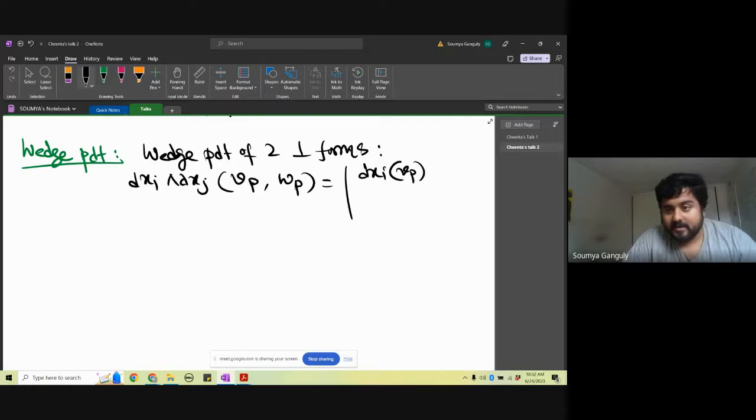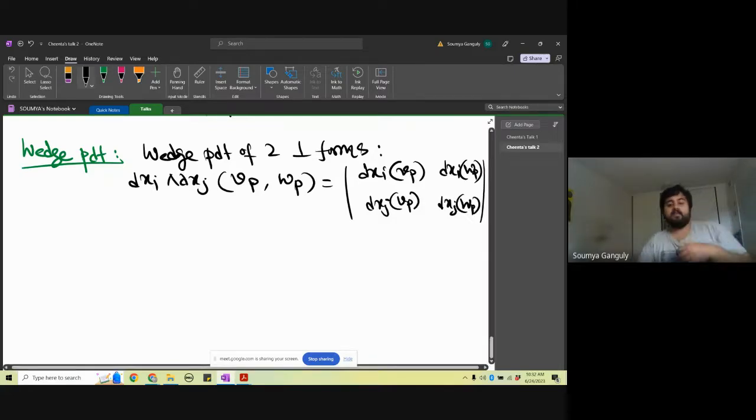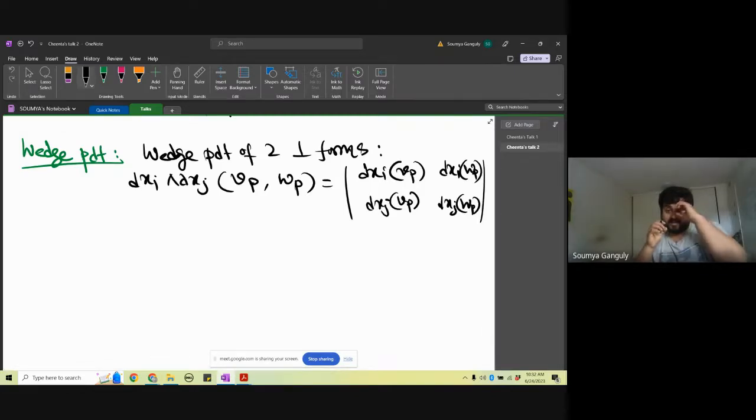It's basically this determinant. And you see that dxi is a one form, so it can act on VP and give you a number. So all of these entries are numbers, and basically it's a 2 cross 2 matrix, and you can take the determinant and it will be something.